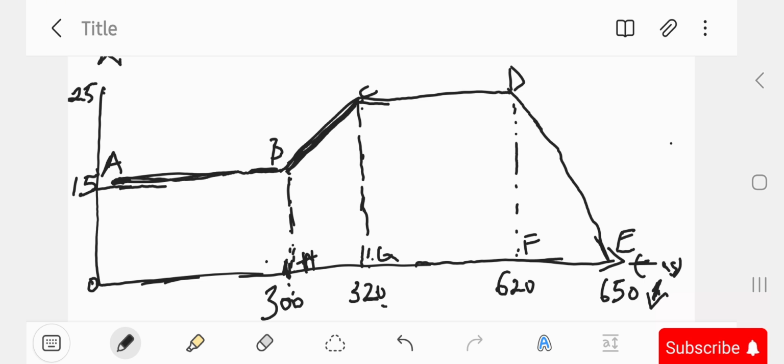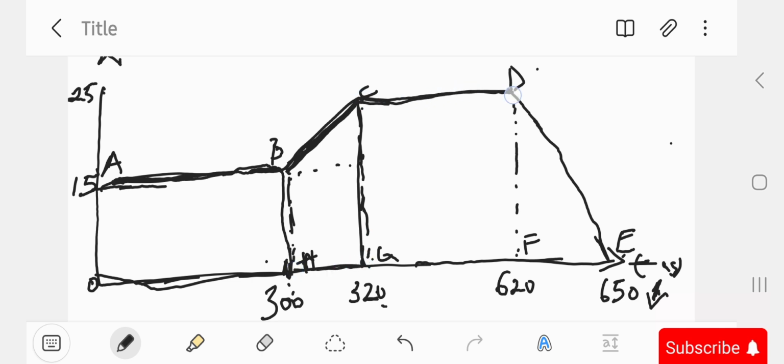So we can say that it's going to be the area of A, B, C, D, E, F, G, H. And if you look closely at this graph, you see that the first part here looks like a rectangle. The second part here looks like a trapezium.